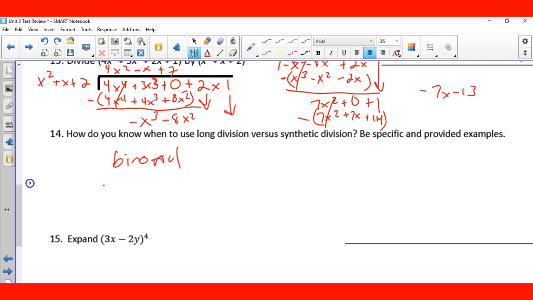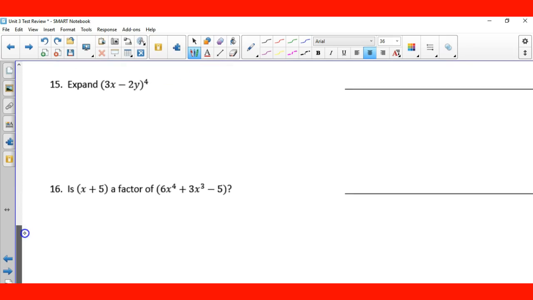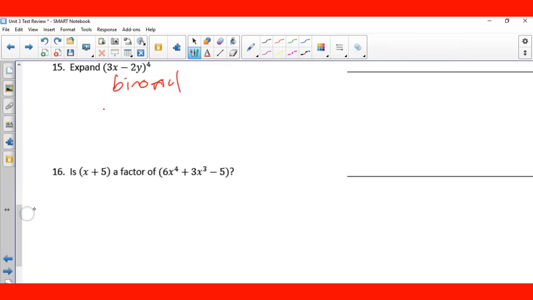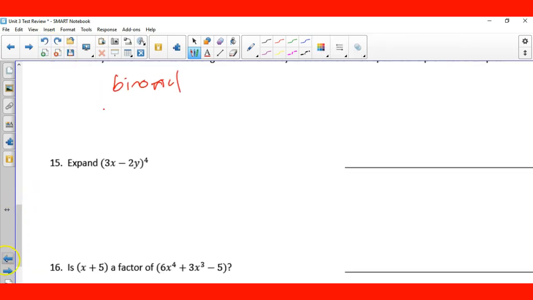Now we need to expand number 15. Actually, you want to make this a linear binomial. Let me rewrite that all together. Linear binomial.